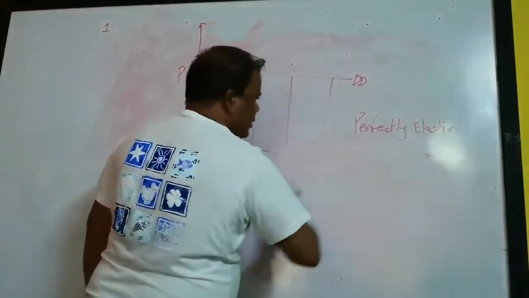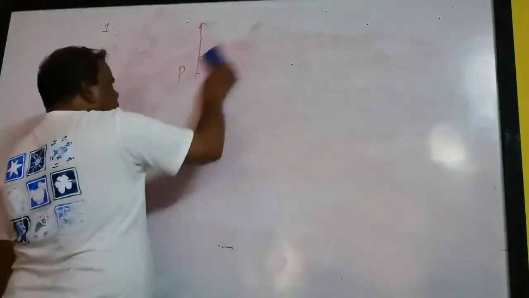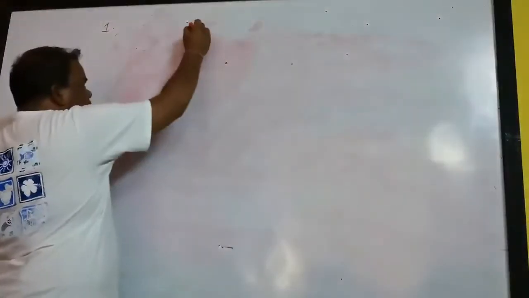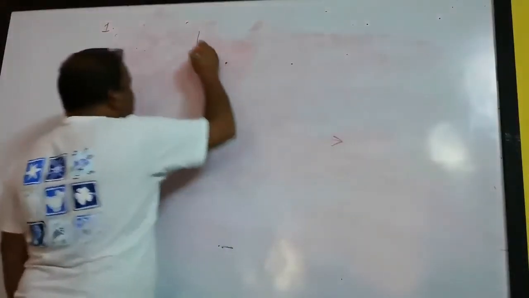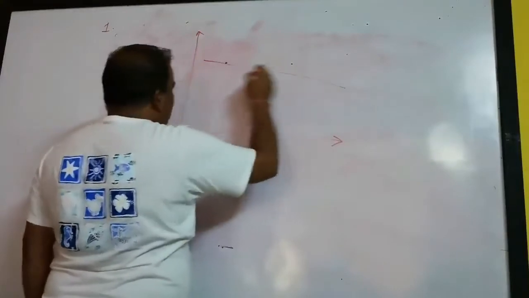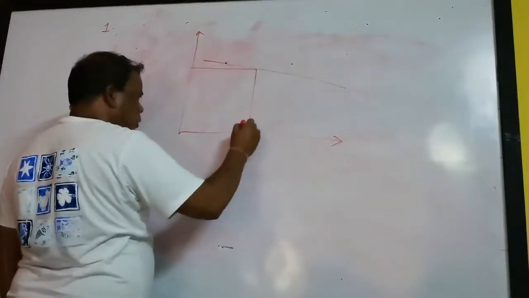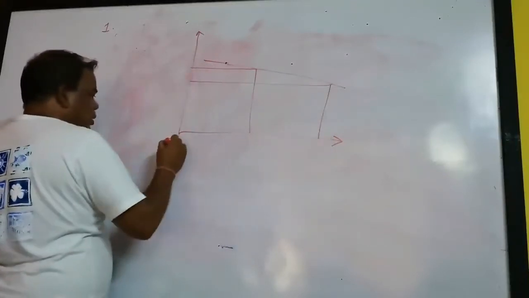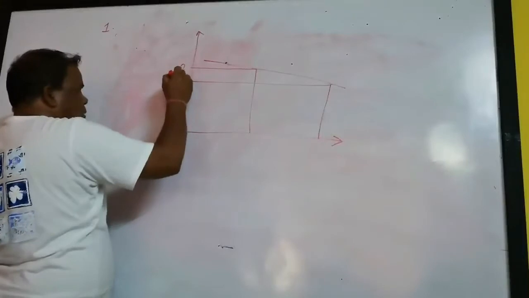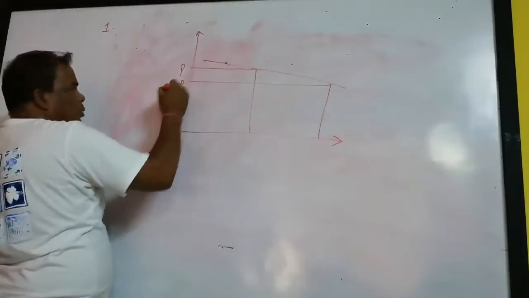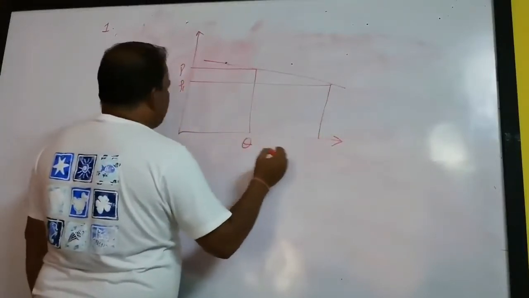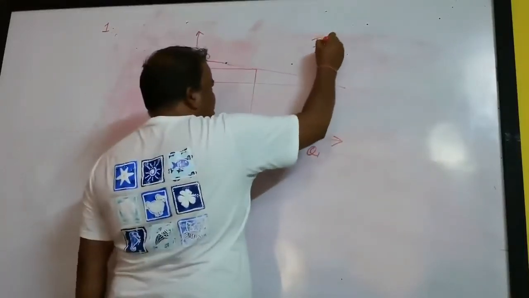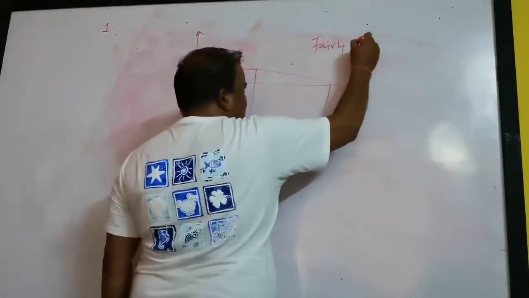Now, we are going to see fairly elastic demand and fairly inelastic demand. Here we are. This is price, quantity. When price rises or falls, quantity changes by a big percentage. This is fairly elastic.